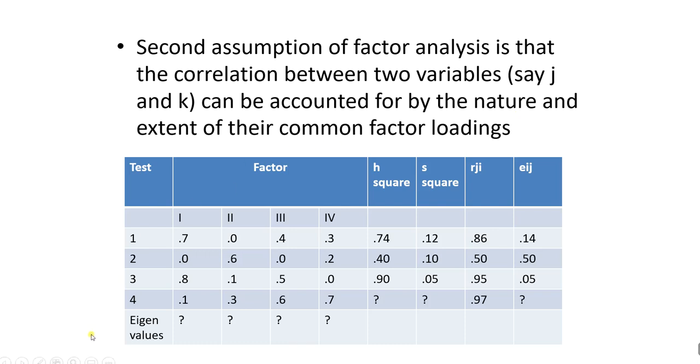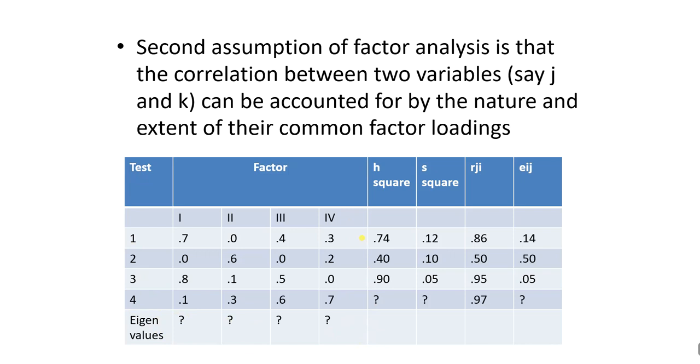This matrix, you do not see this row, the total matrix, and you do not see these columns. So the matrix before the H square column and above the eigenvalues is called the factor structure matrix. So what is the factor structure matrix?